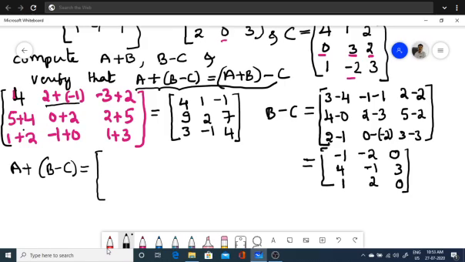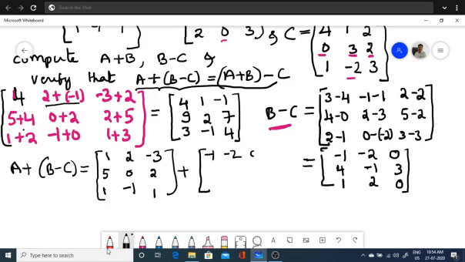Let us write that: 1, 1, 2, 1, 2, minus 3, and 5, 0, 2, and 1, minus 1, 1. So this is A we have found out here. Therefore B minus C is minus 1, minus 2, 0, 4, minus 1, 3, 1, 2, 0.